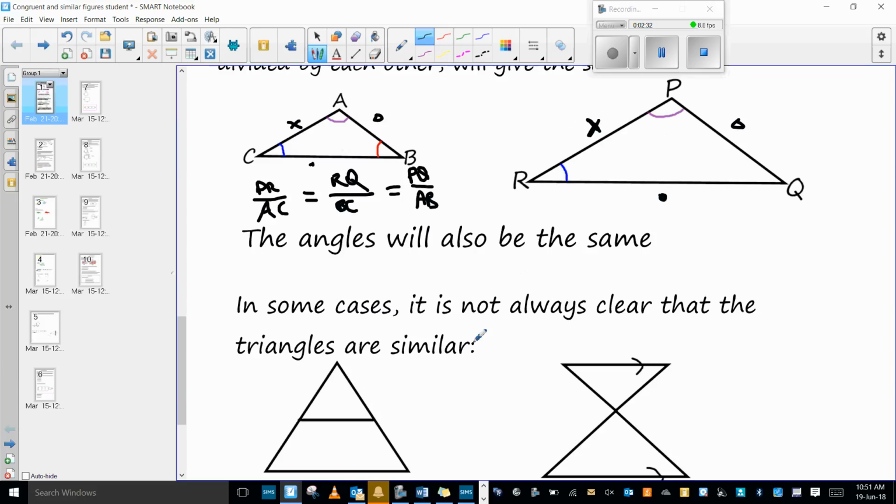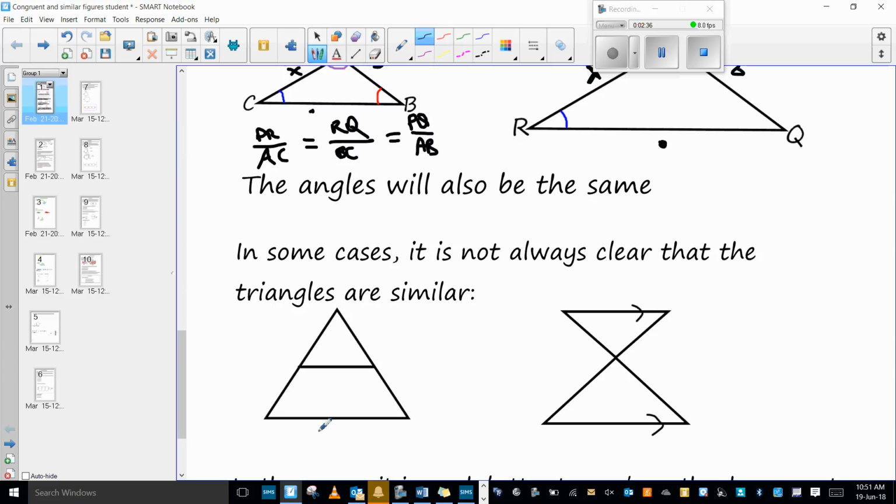So we may have this shape here, and they've asked you to find some missing length. Well, if these lines here are parallel, what does it mean about this angle here and this angle here? They're equal. They're the same. What kind of angles are they? Do you remember how we described them? Corresponding.